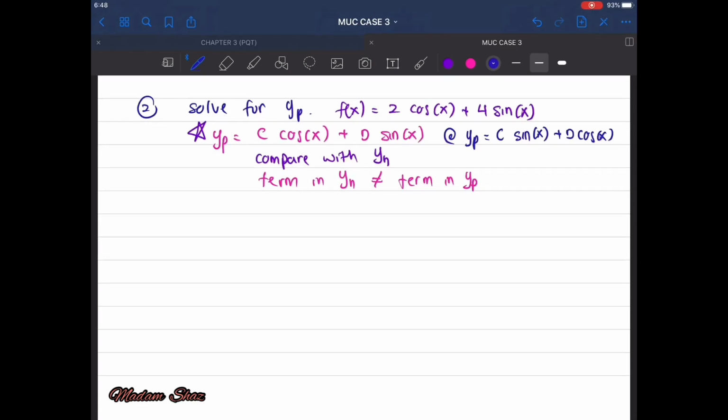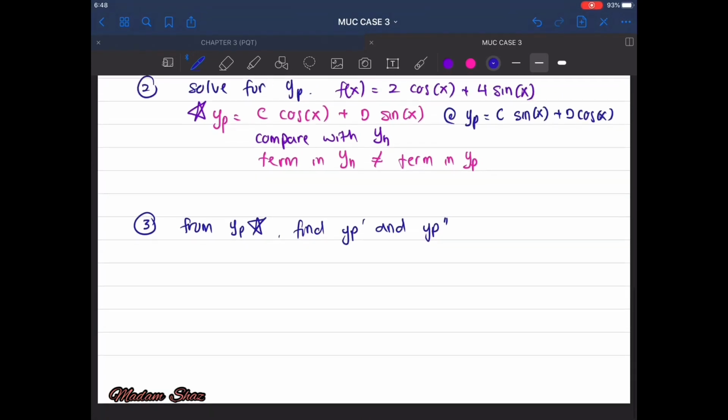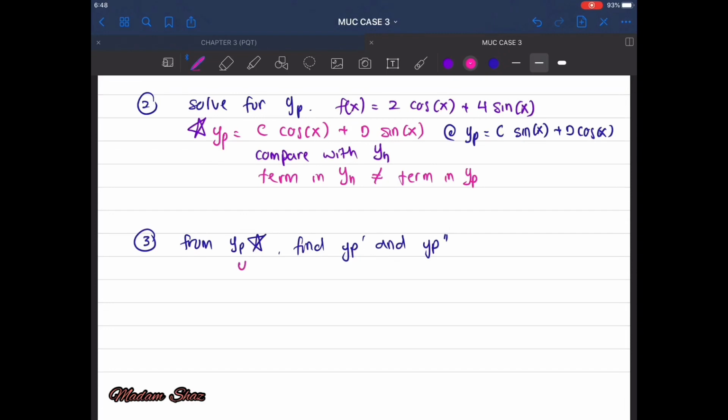Okay, now proceed to the next step, step number 3. From YP star, find YP prime and YP double prime. So our YP is equal to C cos x plus D sin x.